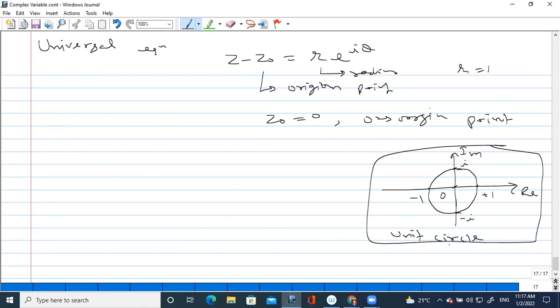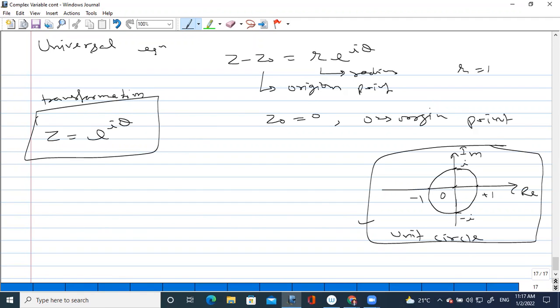And in such type of question, we will always take directly z equal to e to the power i theta. So this is our transformation point. This is the transformation we will do to solve such type of problem. And always we take a unit circle, because everything is valid only for unit circle. So this is the transformation to solve the problems.